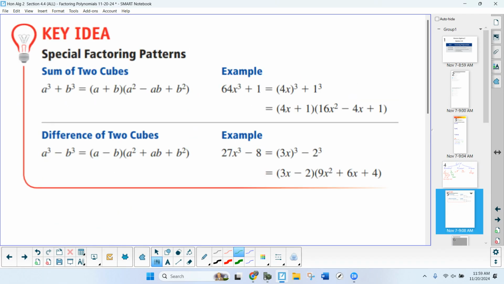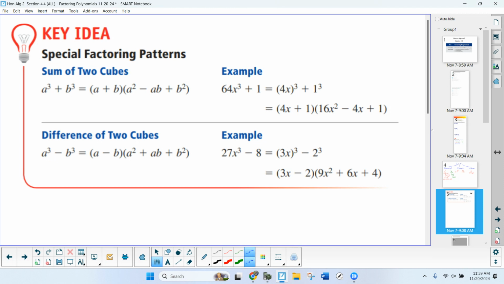If you have the sum of two perfect cubes, a cubed plus b cubed, the formula is a plus b times a quantity a squared minus a times b plus b squared. If you have the difference of cubes, it's the same formula, except you have a minus b, a squared plus ab plus b squared.